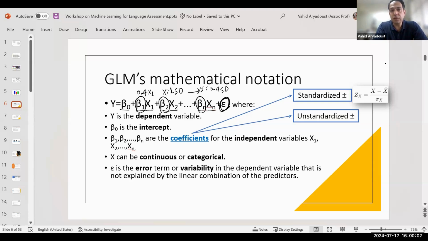On the other hand, if you are looking at the unstandardized coefficients, this is how you should interpret it. Just let's assume that this 0.4 is actually an unstandardized coefficient. The way that we interpret it is very similar, but one word changes. To put it simply, the word standardized, SD, changes into units.